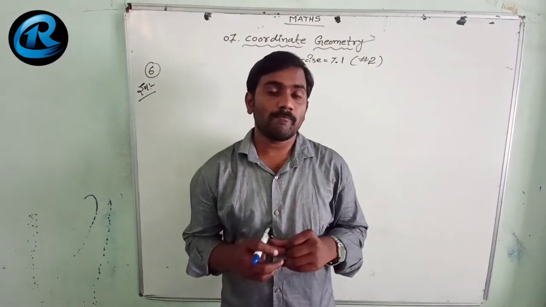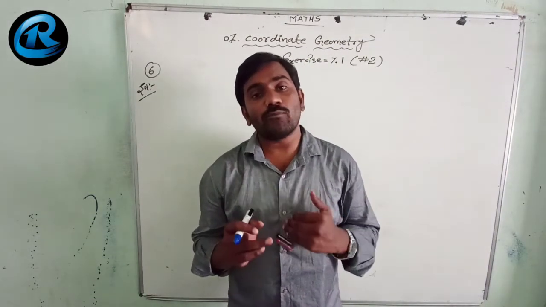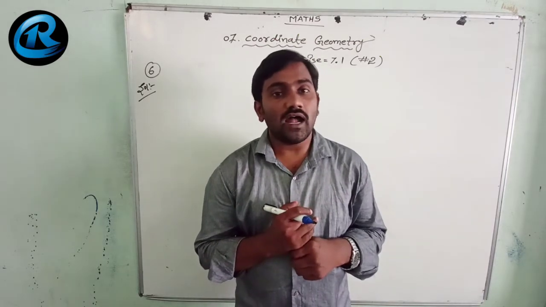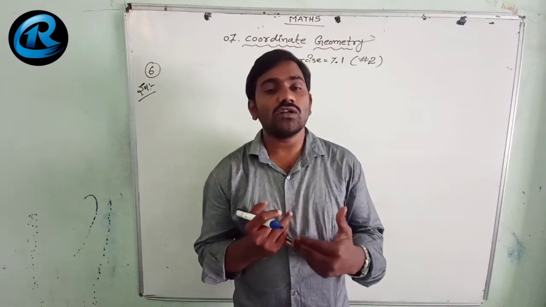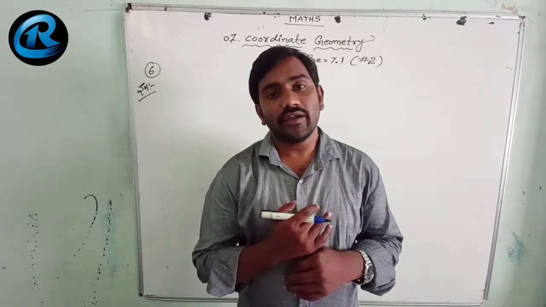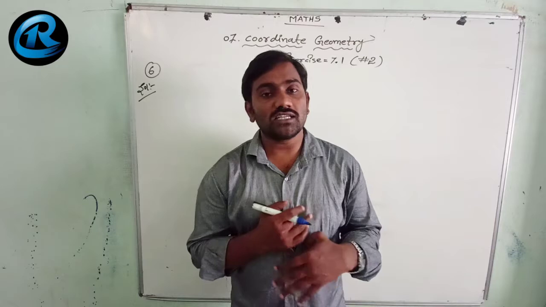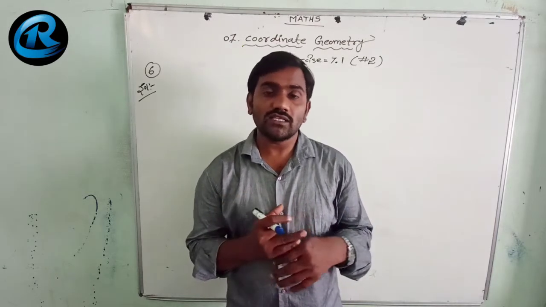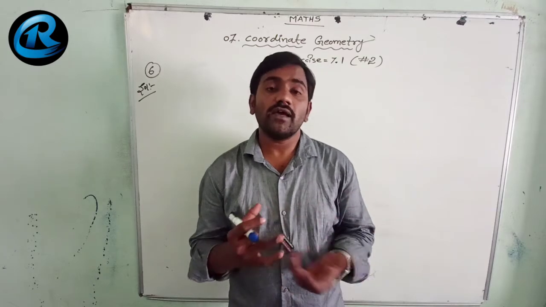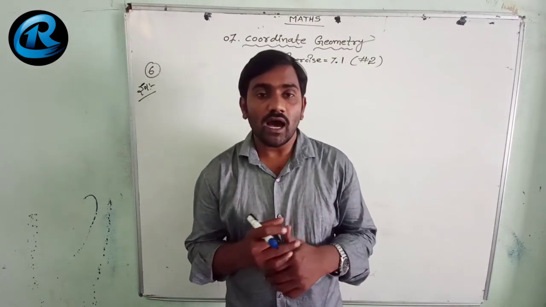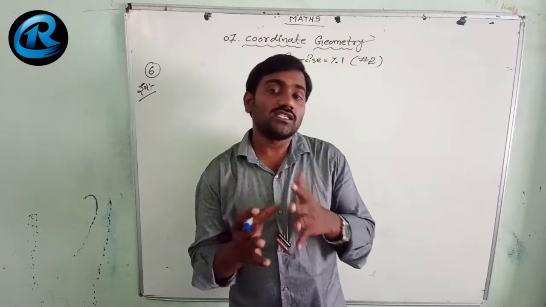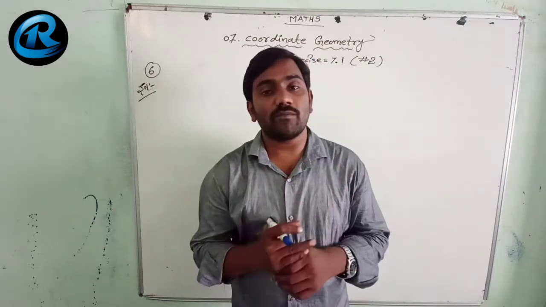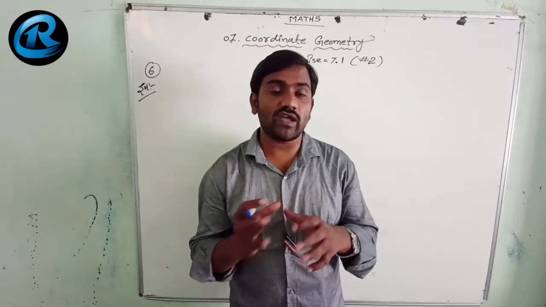Very simple. In a parallelogram, opposite sides are equal and parallel, and diagonals are not equal in length. If opposite sides are equal and the diagonals are not equal, then we can consider it a parallelogram. To check whether the given 4 vertices form a parallelogram, we have 2 methods.